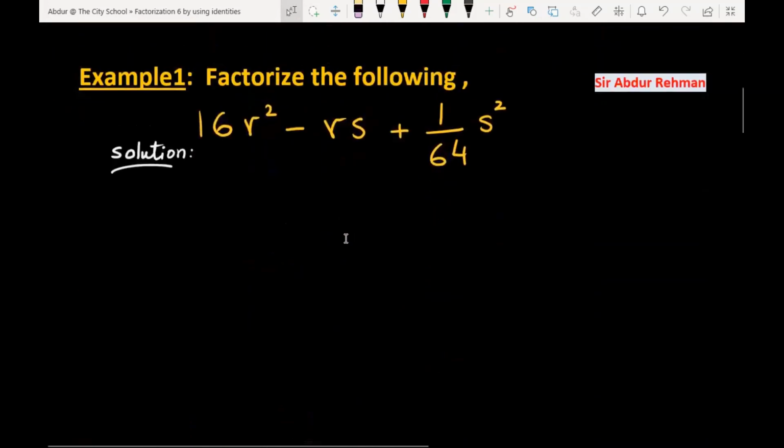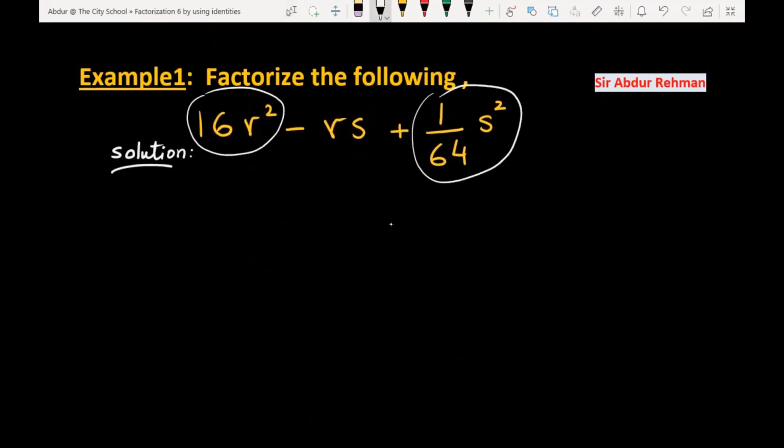from example number 1. In this example number 1, the first term 16r square and the last term 1 over 64s square are perfect squares. When the first term and the last term are perfect squares, you have to factorize by using identities.